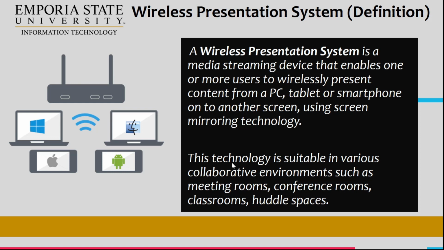This usually uses a screen mirroring technology that allows the same image that's on your personal device to be displayed exactly like it is up on the bigger display in the space. Some of the displays that people would usually connect to for this purpose are a projector, an LED TV, an interactive TV panel, and things like that. The technology is suitable for various collaborative environments such as meeting rooms, conference rooms, classrooms, huddle spaces, and even some commons areas at your institution.